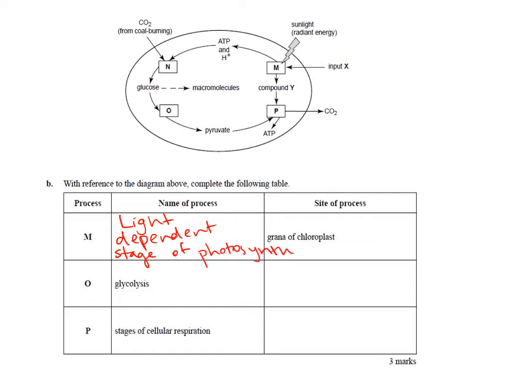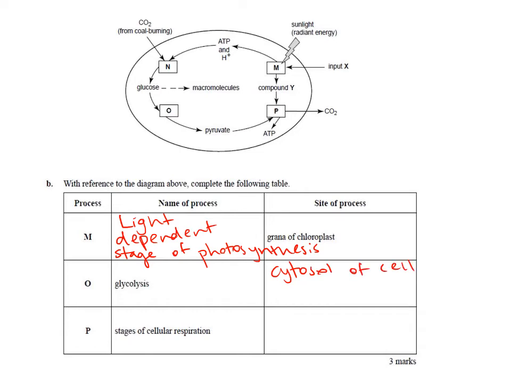Now it's given you the site for that. We know that the light-dependent stage occurs in the grana or in the thylakoid of chloroplasts. Now for section O, which is glycolysis, it has given us the name. We need to say where that occurs. So glycolysis occurs in the cytosol of the cell.